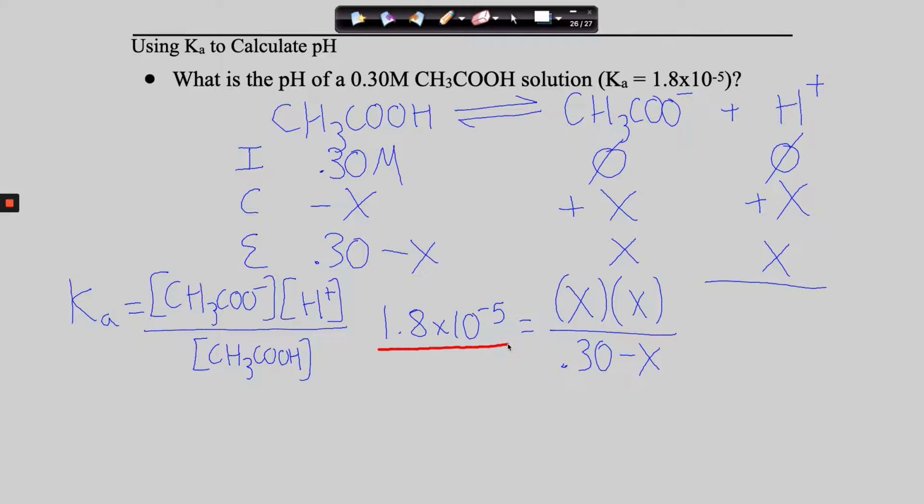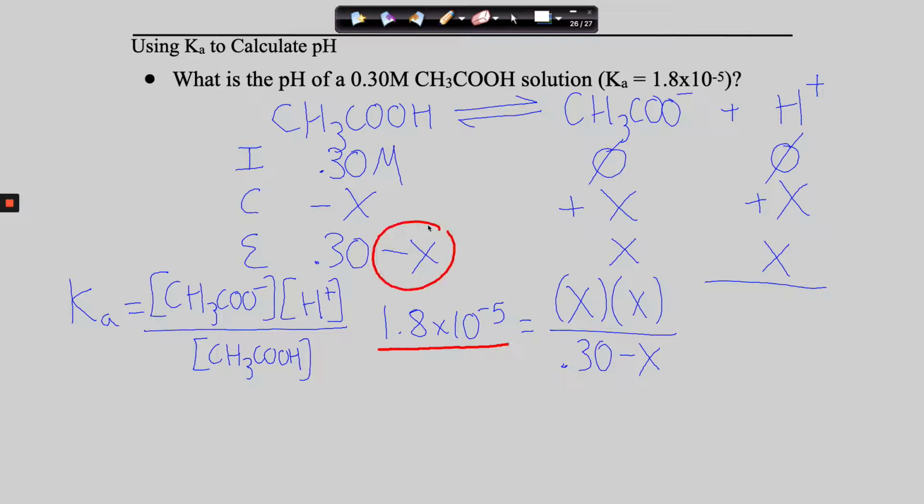How much did formic acid break apart? 4%. So guys, this is 10 to the negative fifth, 10 times weaker. So how much is vinegar going to break apart? Even less.